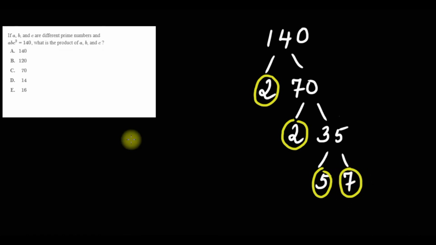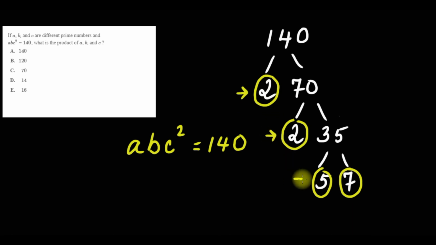The equation that was given to us is A times B times C squared is 140. So going back and looking at these prime numbers, there are 4 of them. A and B are 2 different numbers, and then C is another different number, but there's 2 of them.